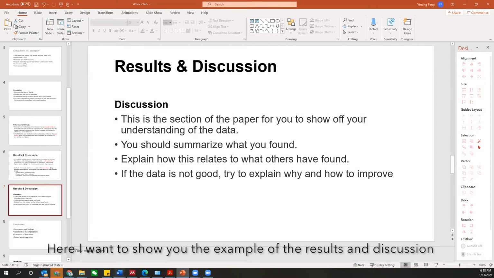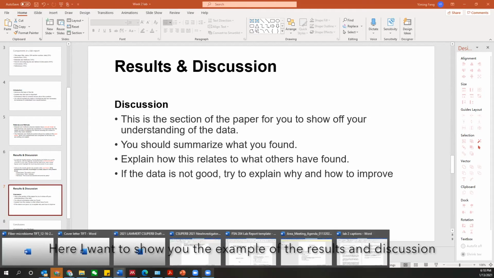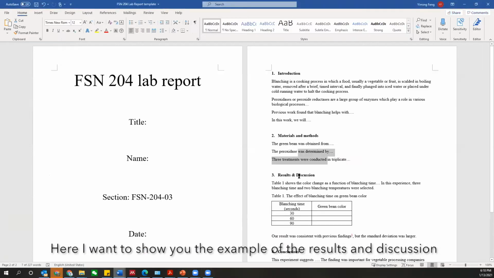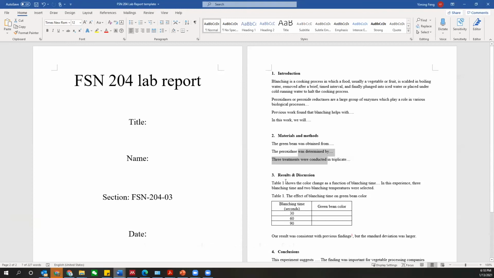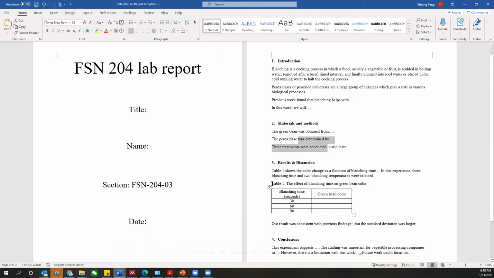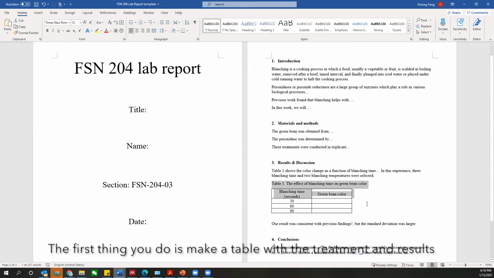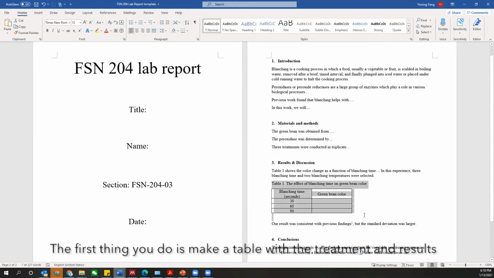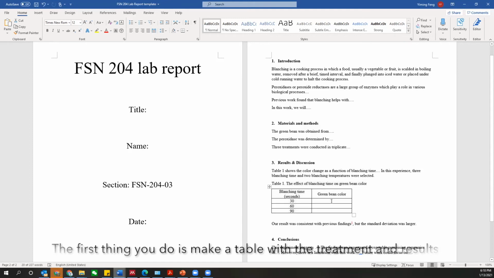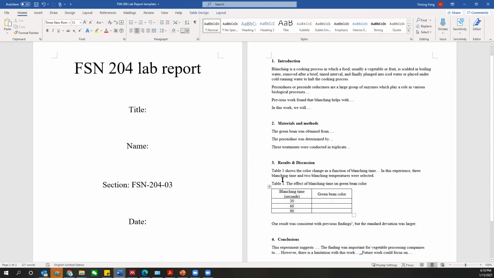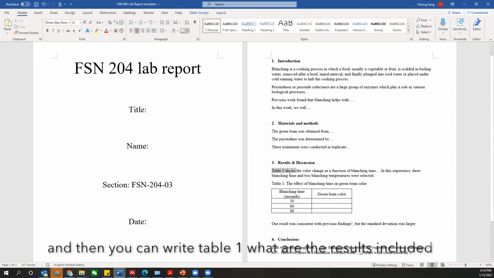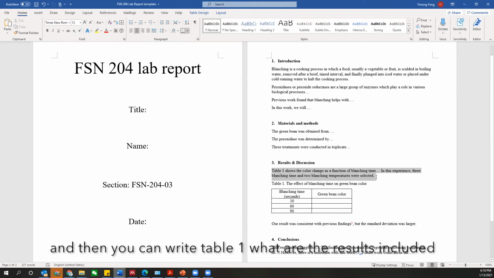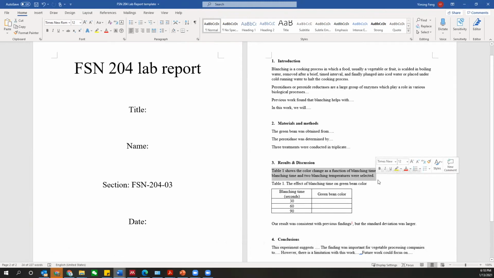Here, I want to show you the example of the results and discussion. For example, the first thing you do is make a table with the treatment and your results. And then you can write Table 1, what the results included.